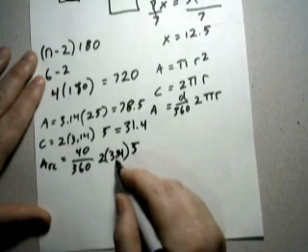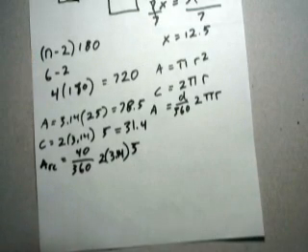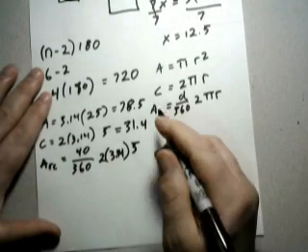So once again, this becomes 31.4, but let's go ahead and do that out. 40 divided by 360 times 31.4. So the arc is 3.5 on that first one.